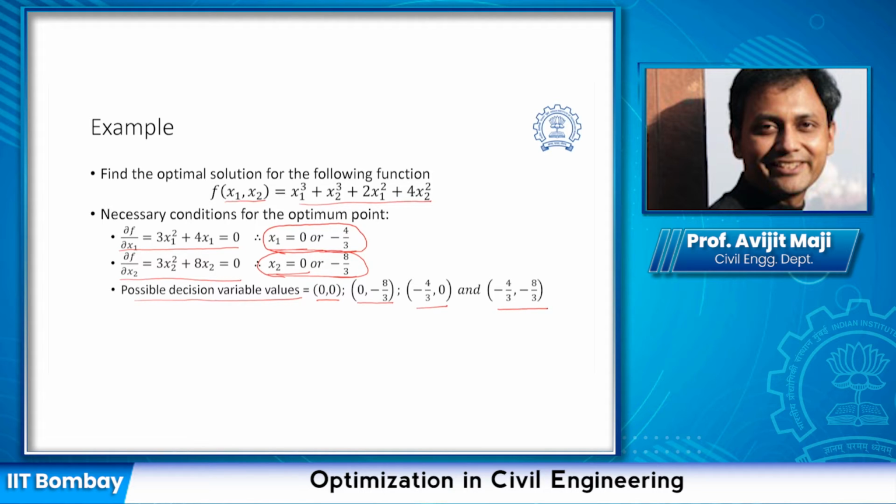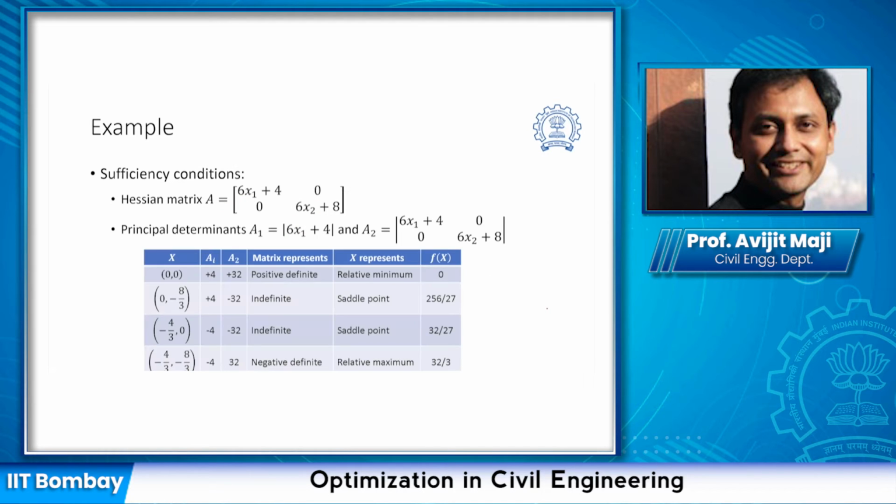We need to check the sufficiency condition for all the 4 points to conclude if these points are going to yield a minimum, a maximum, or a saddle point. So let's move on to the sufficiency condition.